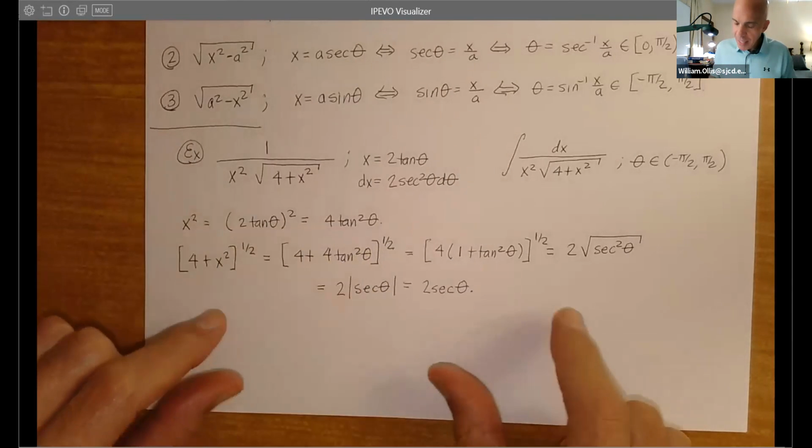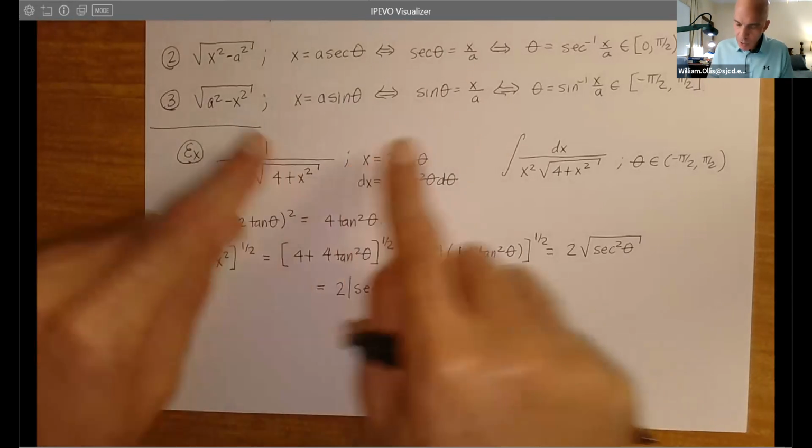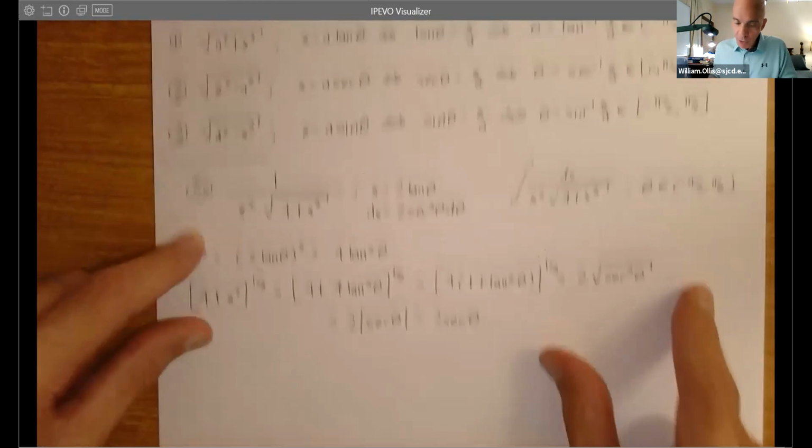So the idea is that you will do some work before you get to this part, but now notice all of the ingredients are here.